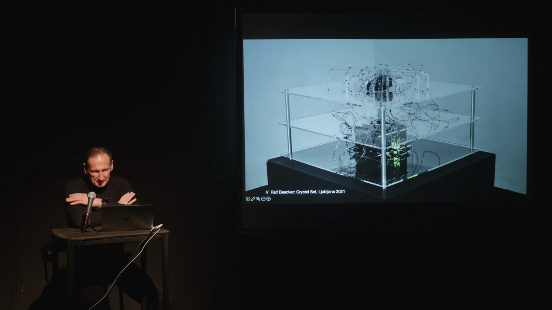So what we are seeing here is a piece by Ralph Baker, the same artist whose exhibition we have here next door, where he found a piece of crude silicon carbide, which is a material from which the silicon chips for computers are made.